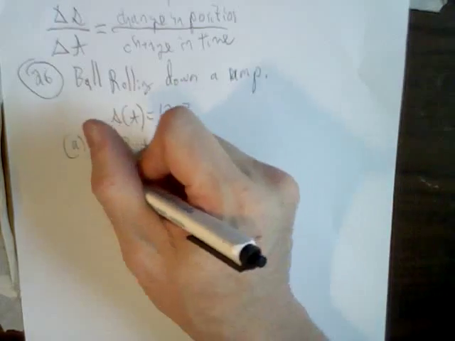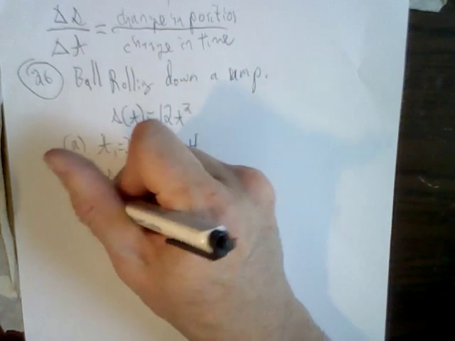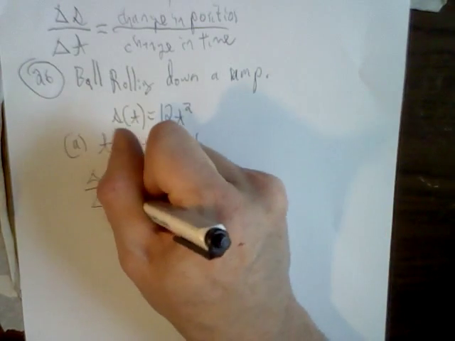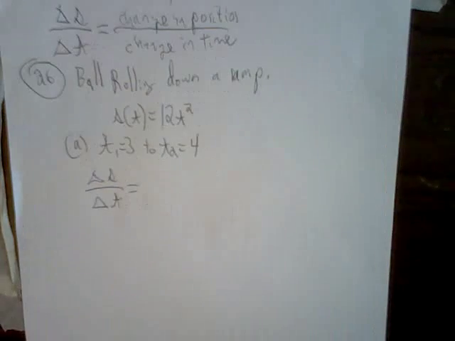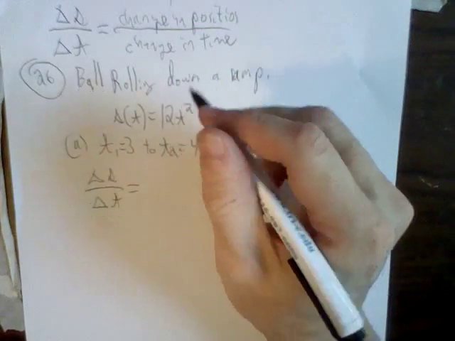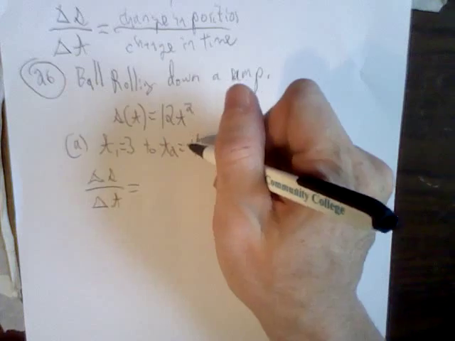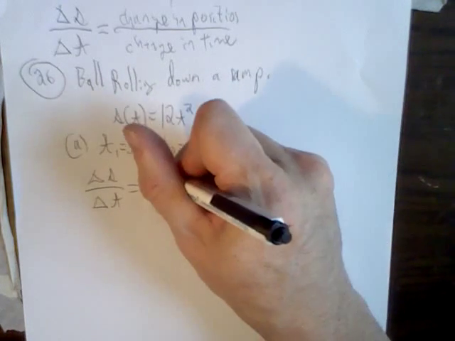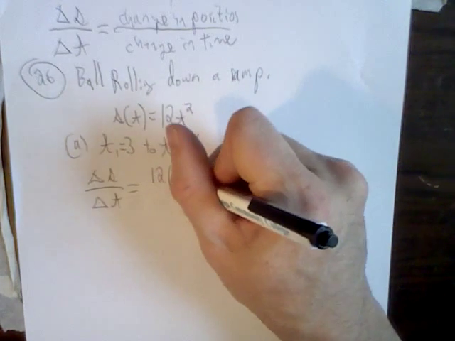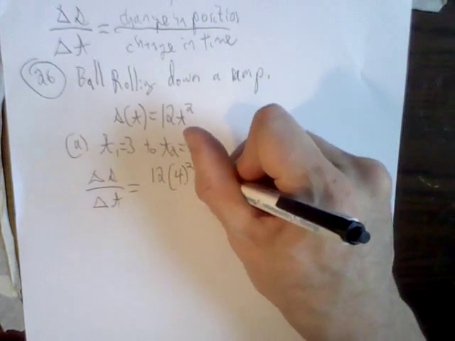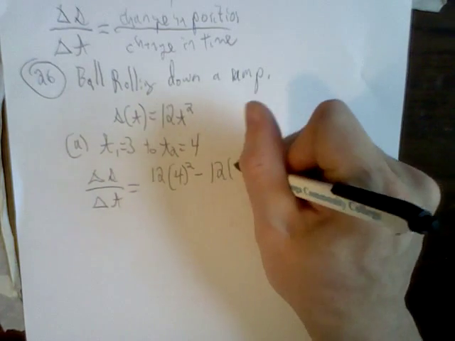Well, it's just slope again. Maybe if nothing else, the takeaway here is that slope is just literally all over the place in our sciences. So we'll have 12 times 4 squared minus 12 times 3 squared.